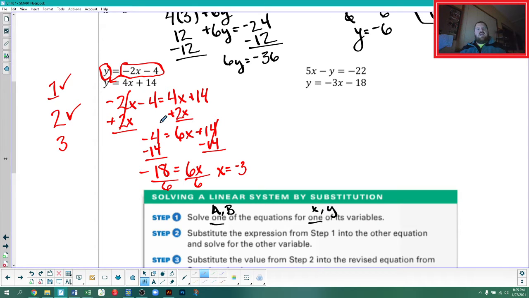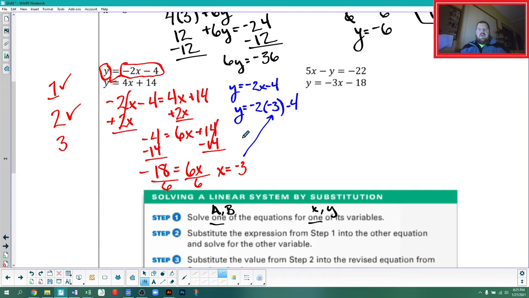Right now I have the equation I came up with, y equals negative 2x minus 4, already solved for y. So when I plug a number in for x, y is equal to negative 2 times my negative 3, minus 4.